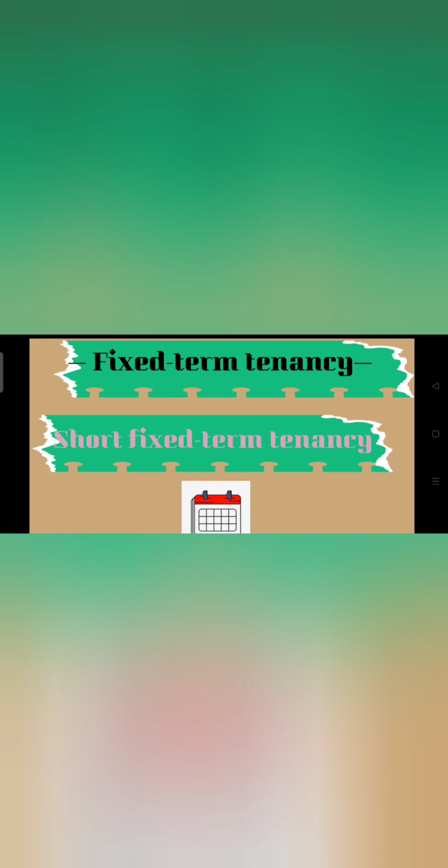And as a conclusion, in Colombia we do not find types of leases such as the ones I have just named.